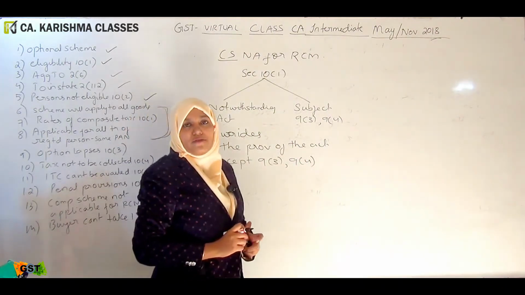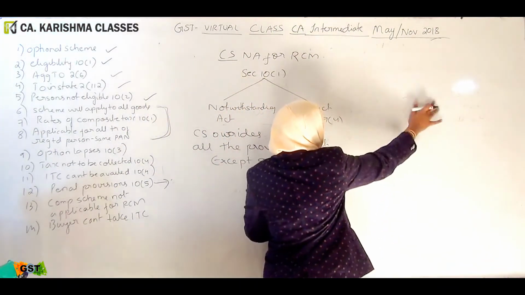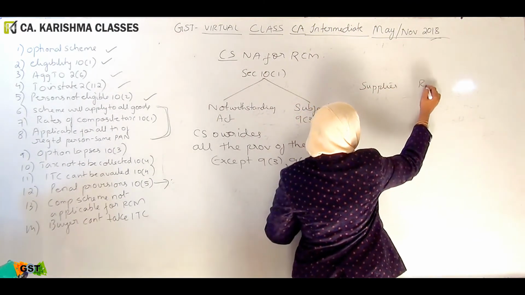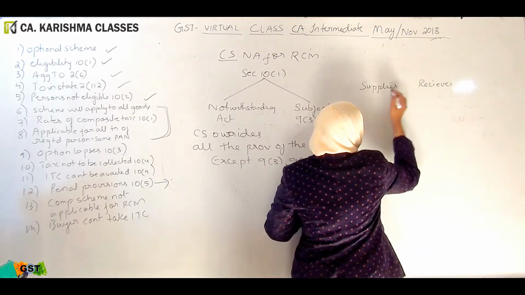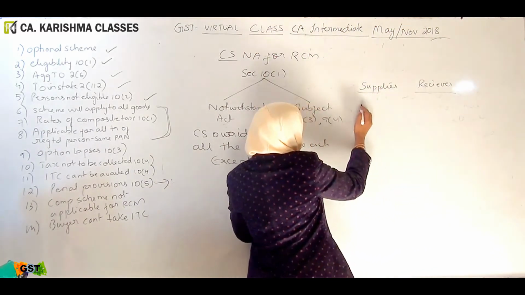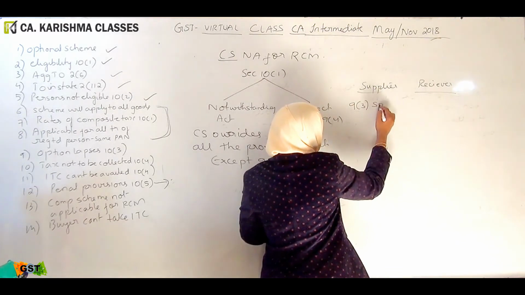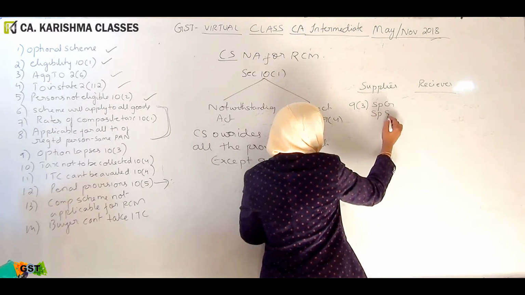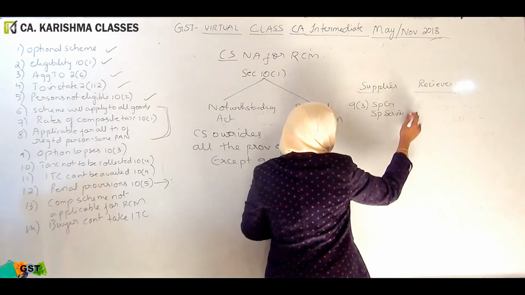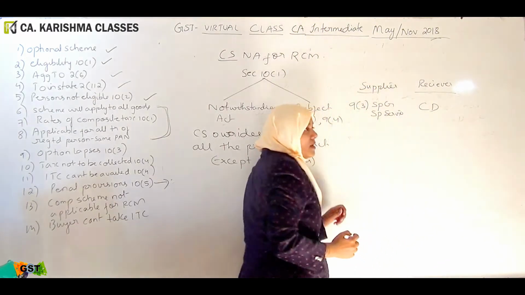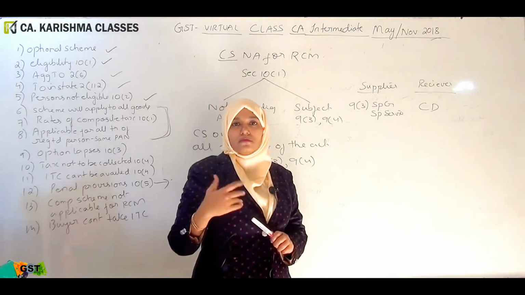What is the effect of this reading? There is a supplier, there is a receiver. This supplier is of 9(3) specified goods, specified services, and this receiver is a composition supplier, composition dealer. How? Let us understand.